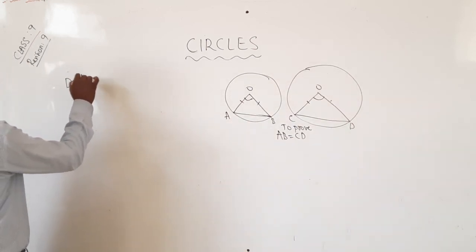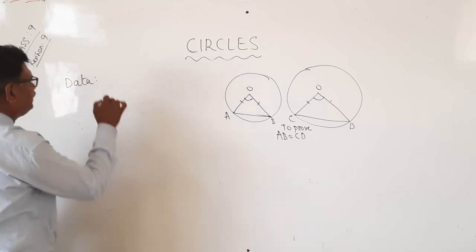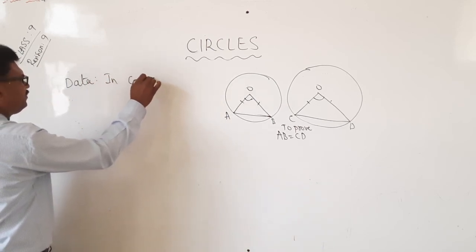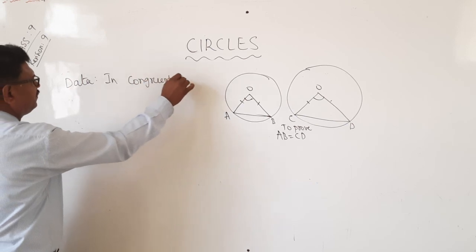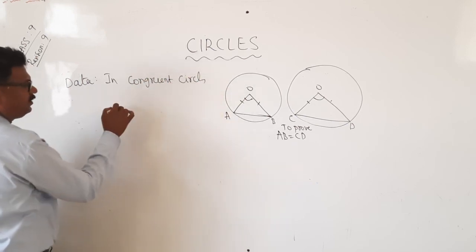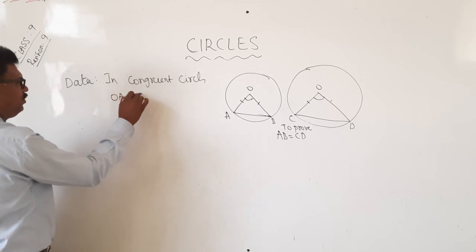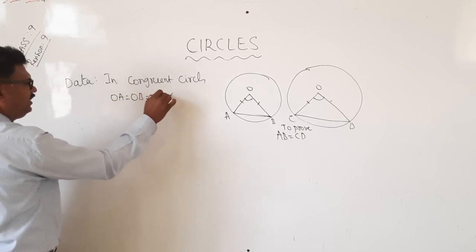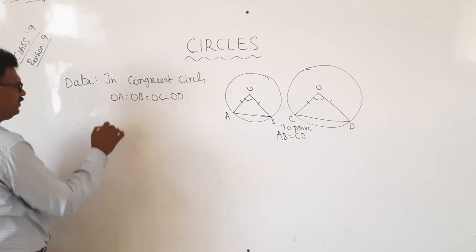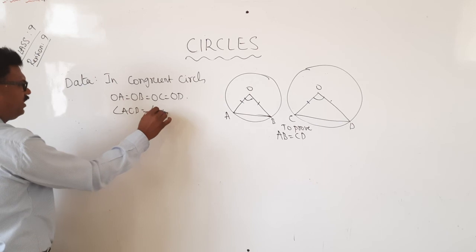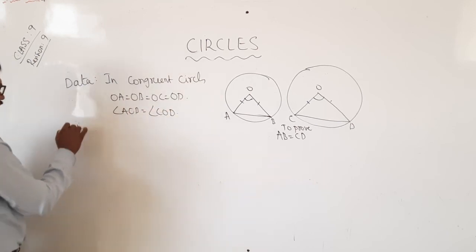Now we can prove like this. Data. What is the data? In congruent circles, OA equal to OB equal to OC equal to OD and angle AOB equal to angle COD.